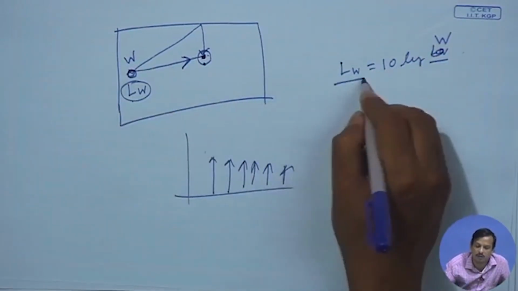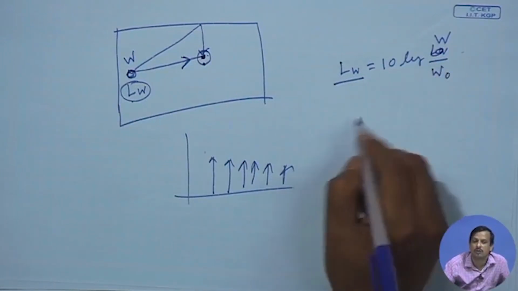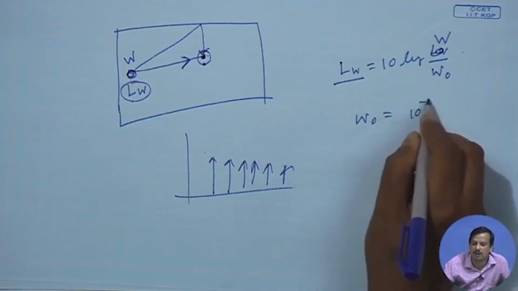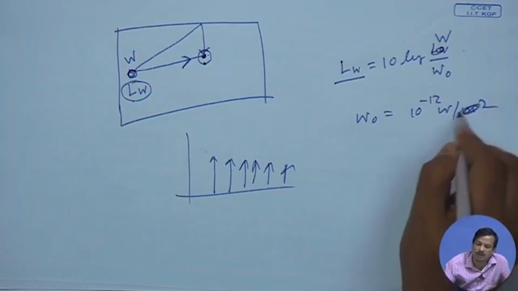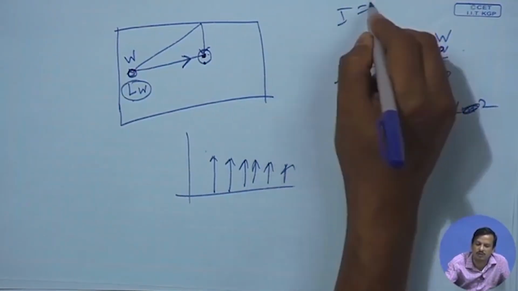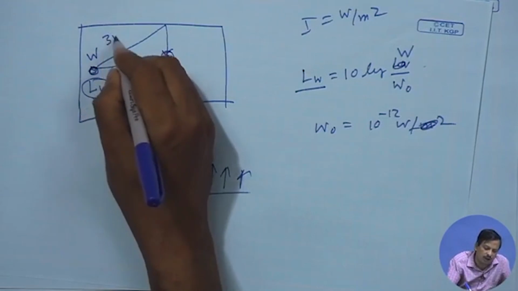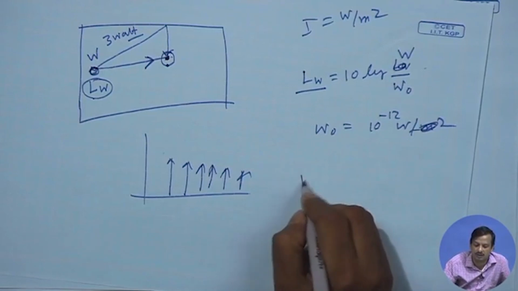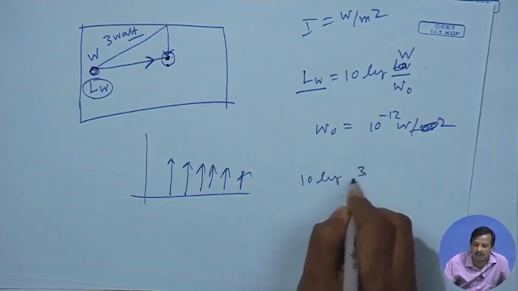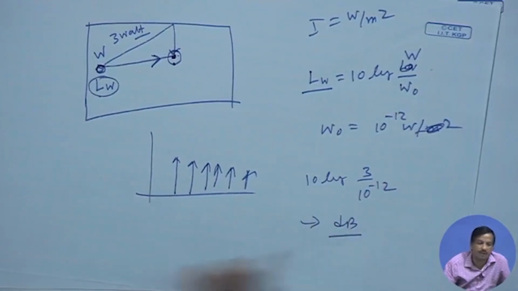So, what is W0? The reference is 10 to the power minus 12 watt. If it is intensity I, then it is watt per meter square, 10 to the minus 12. So, if I say let us take a 3 watt acoustic source, then it is 10 log 3 by 10 to the power minus 12 dB. In dB. Okay.